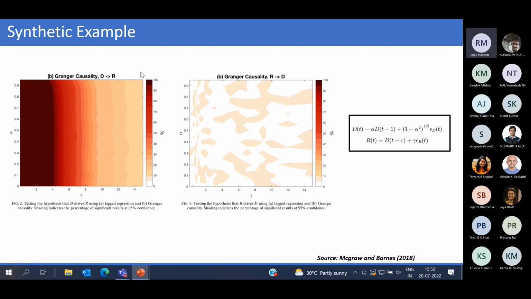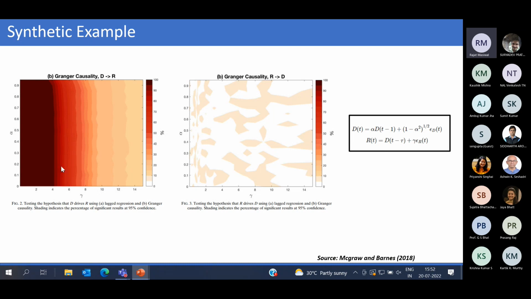Now, what they did was they tried to use the Granger causality test to see the causal direction. So they have two cases: the actual case where you go from D to R, the positive, correct direction, and then going from R to D, the incorrect direction, because we already know from the formulation that the response function does not cause the driver function.